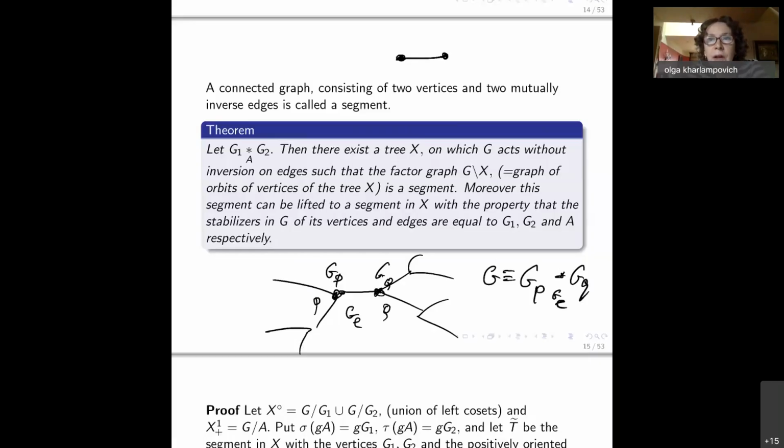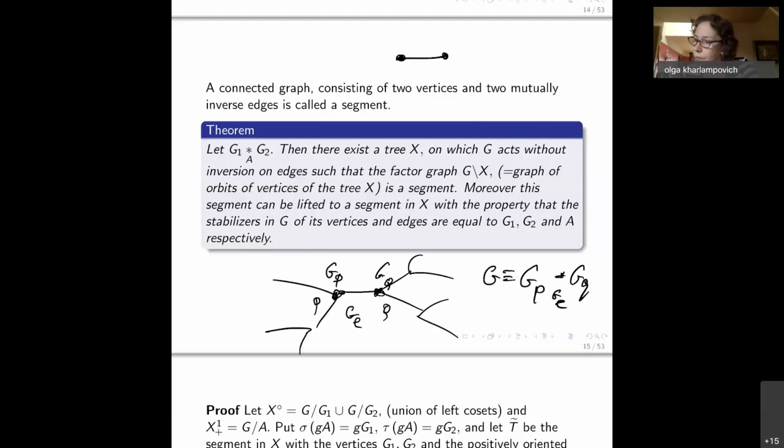Any questions? So the statement is that if you have an amalgamated product, then this group acts on a tree. And we actually know more. We know that the group is actually an amalgamated product of the stabilizers: there is some segment in this tree, so that the group is an amalgamated product of the stabilizer of one vertex in this segment and the second vertex over the stabilizer of the edge. Okay.